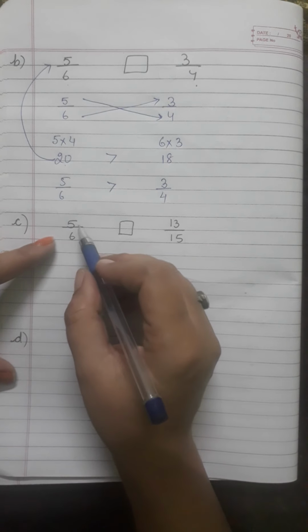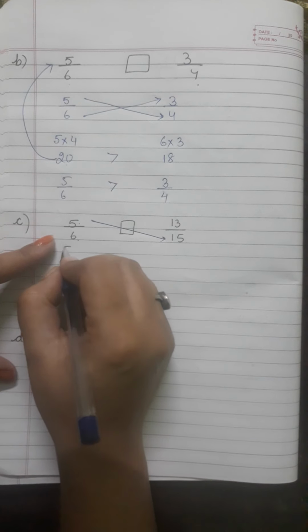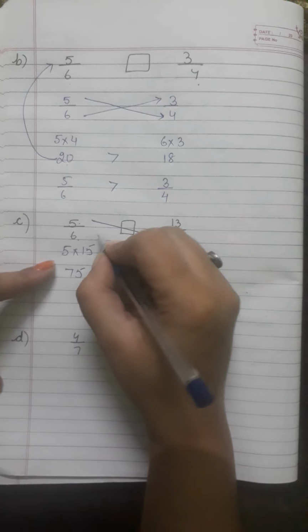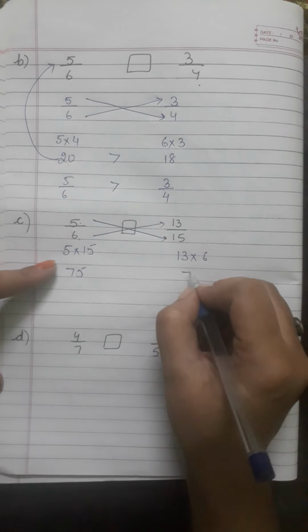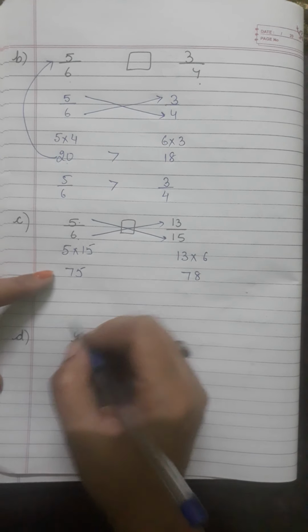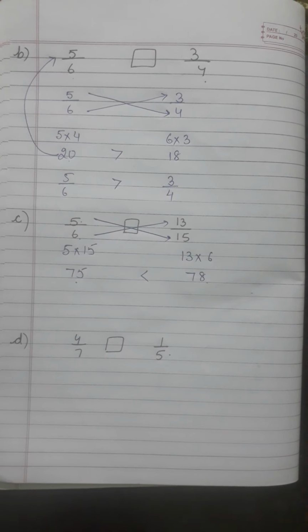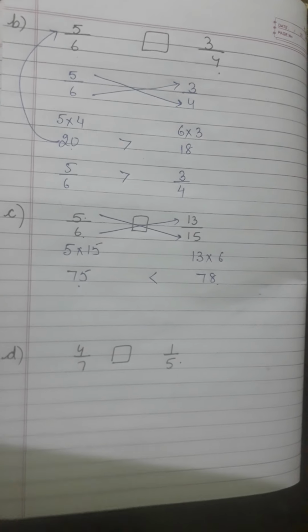Now next it is 5 by 6 and 13 by 15. We'll cross multiply. 5 multiplied by 15, 15 fives are 75, and 13 multiplied by 6 is 78. Now which is greater, 75 or 78? 78 is greater than 75.